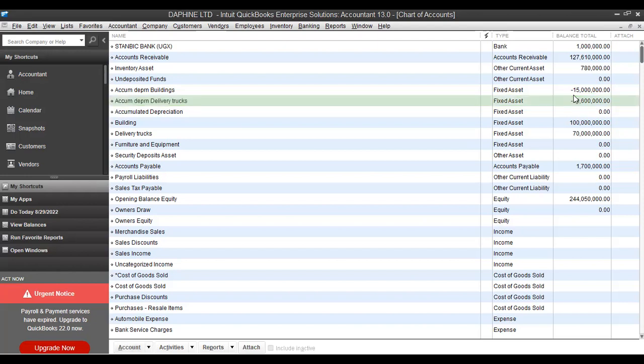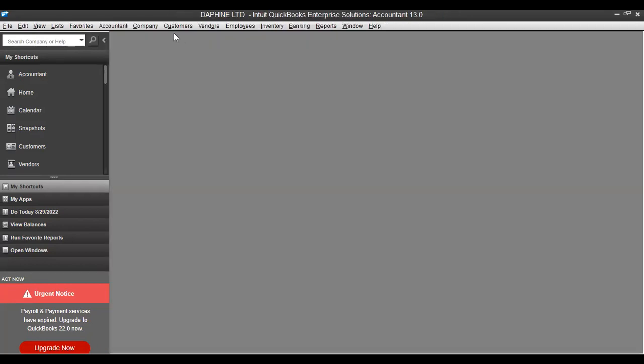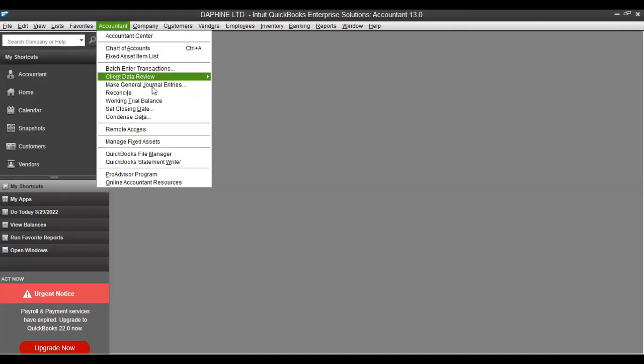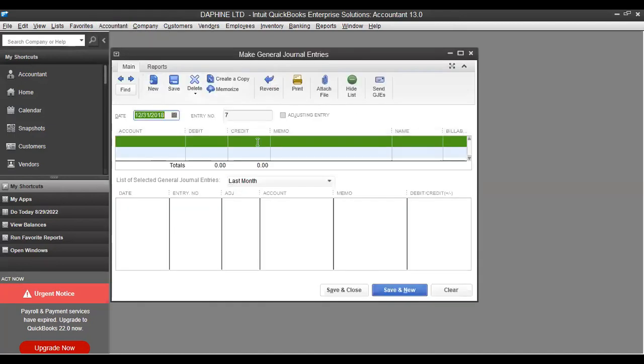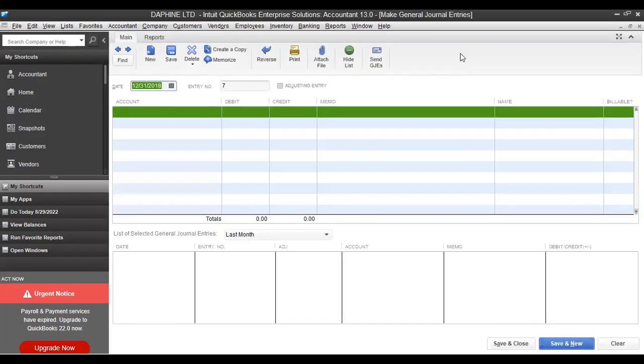Okay, for those who are asking about disposal, it's still a journal entry. So you come to accountant, make journals. I'm going to make assumptions here. Assuming we're disposing of the delivery truck, it had a cost of maybe 5M.